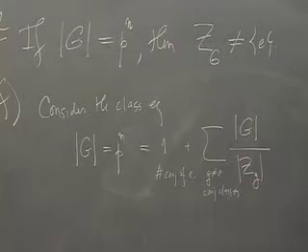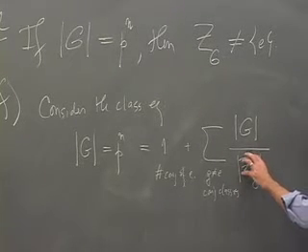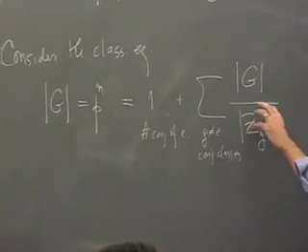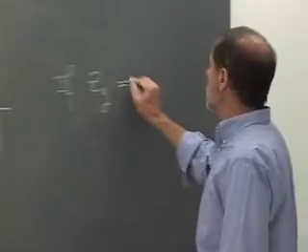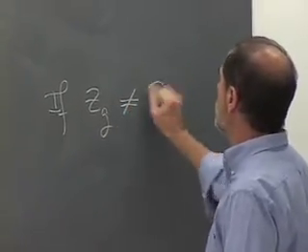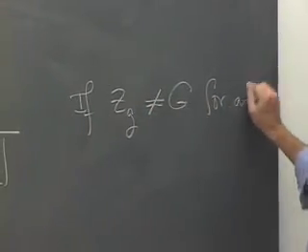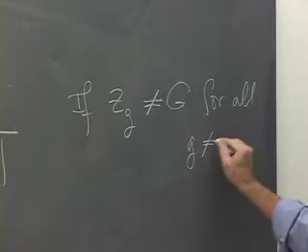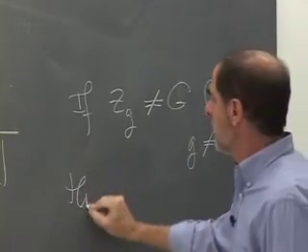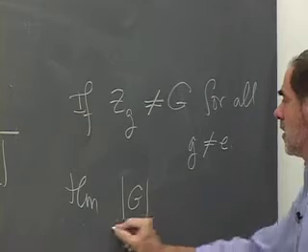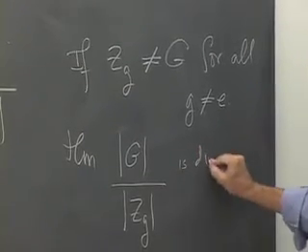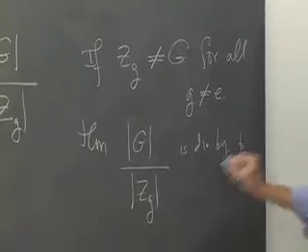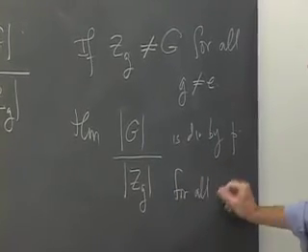So if Zg is not equal to G for all g not equal to the identity, then the order of G over the order of Zg is divisible by p for all these terms.